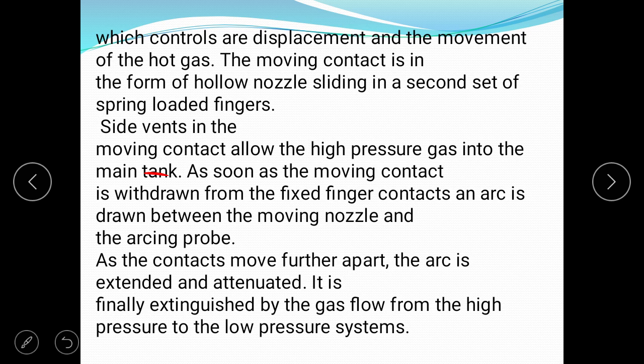As soon as the moving contact is withdrawn from the fixed finger contacts, an arc is drawn between the moving nozzle and the arcing probe. As the contacts move further apart, the arc is extended and attenuated, and it is finally extinguished by the gas flow from the high pressure to the low pressure system.